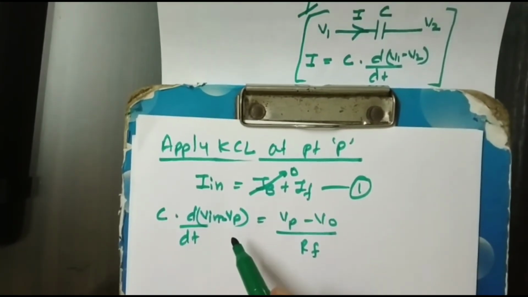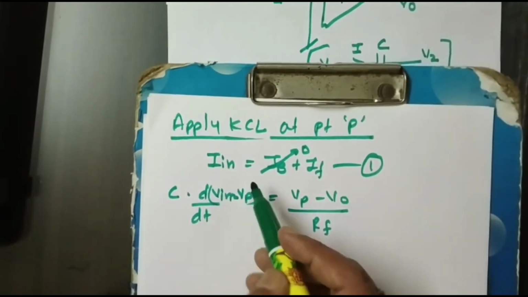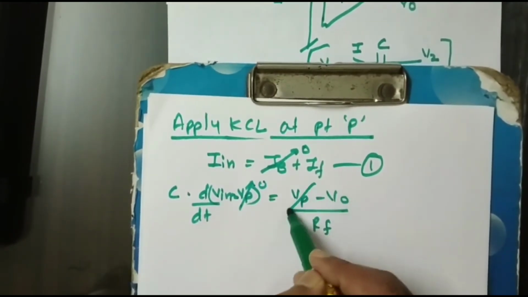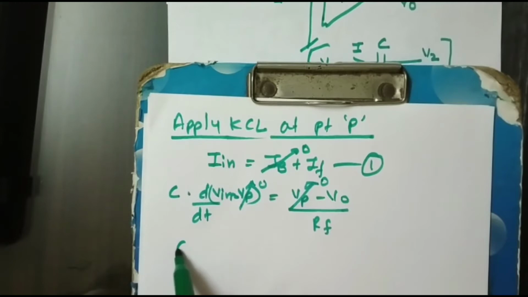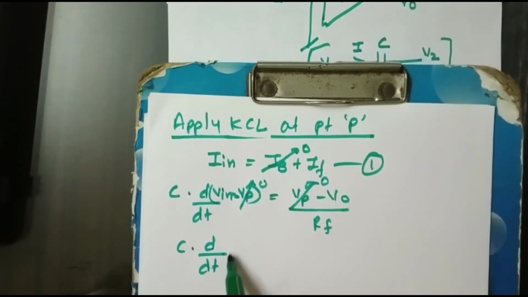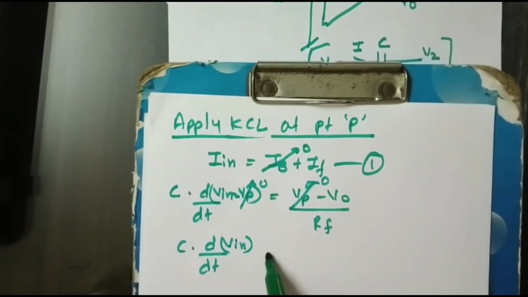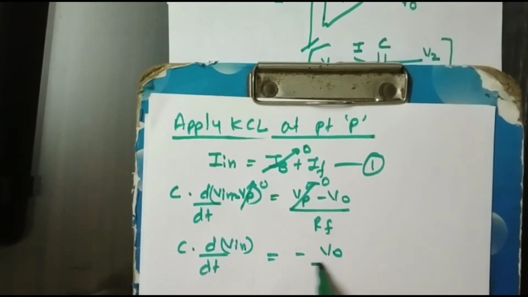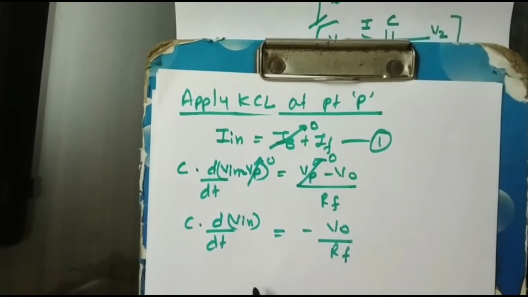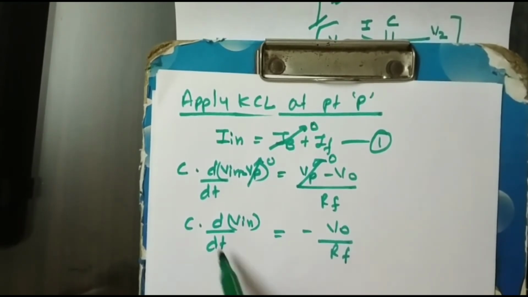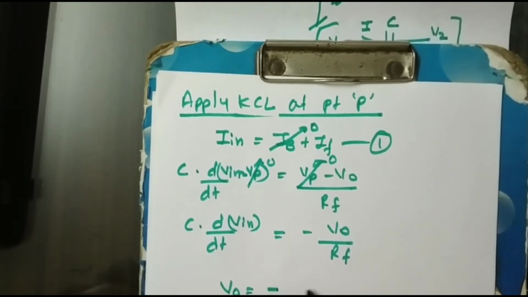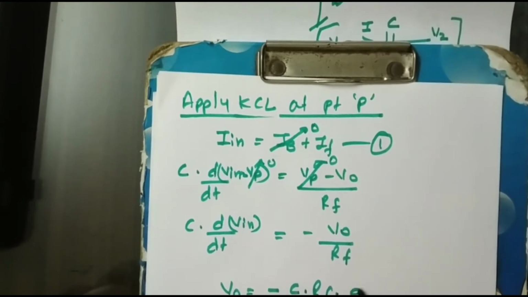Now again due to virtual ground Vp is equal to 0. So it is C into d by dt of Vin equals to minus of V0 upon RF. Next, on cross multiplying and after simplification, V0 is equal to minus C into RF into d by dt of Vin.